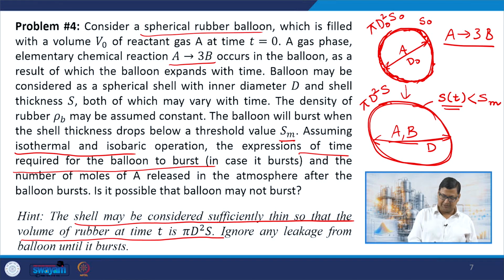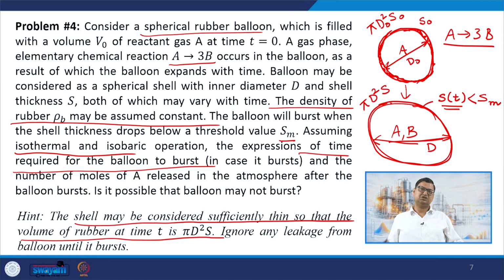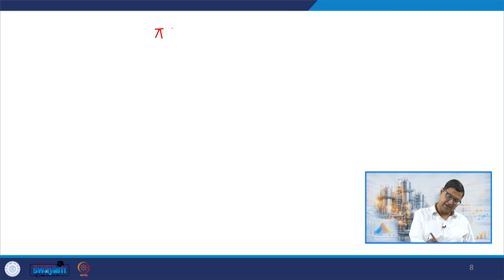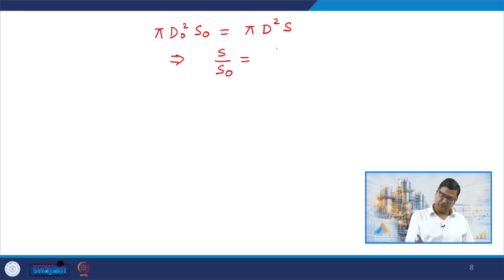All right. One thing to note is that it is given in the problem that the density of the rubber is assumed to be constant, and of course the mass of rubber cannot change, and mass is density into volume of the rubber. That means the volume of rubber, that is only the cell, is not changing with time. So pi d naught square s naught is equal to pi d square s, and that gives me s by s naught is equal to d naught by d squared, right?